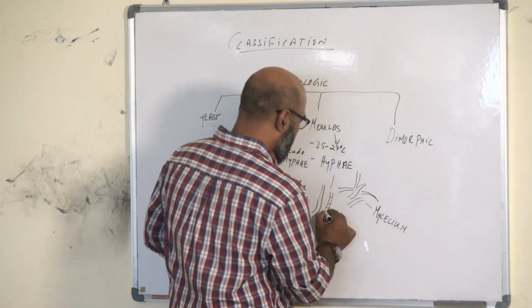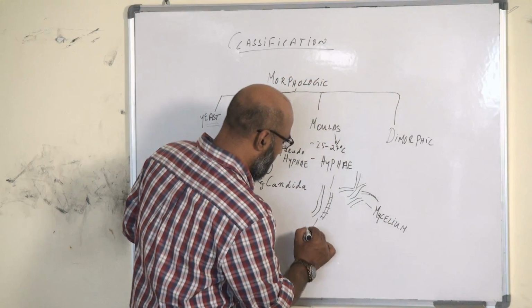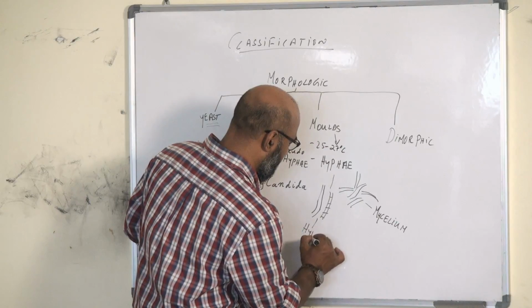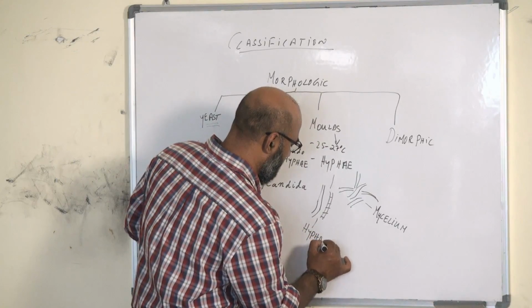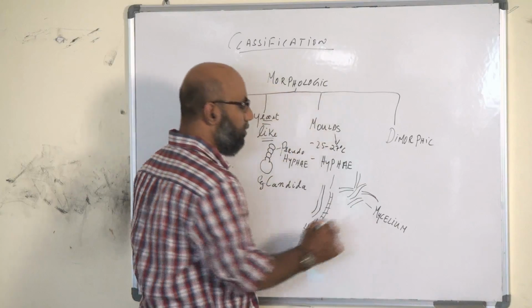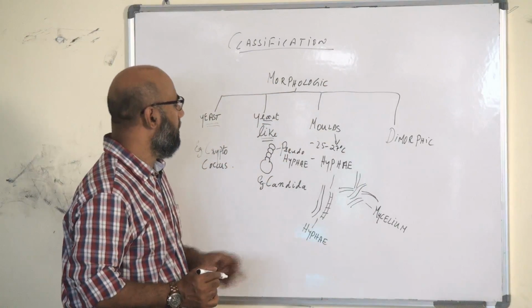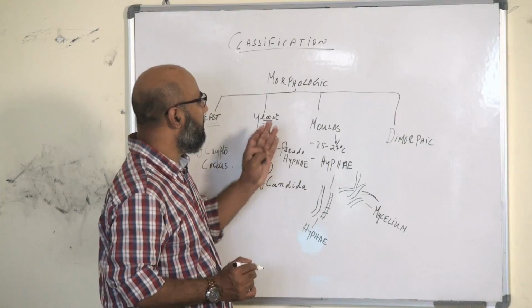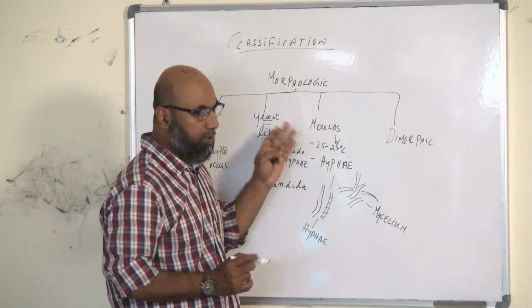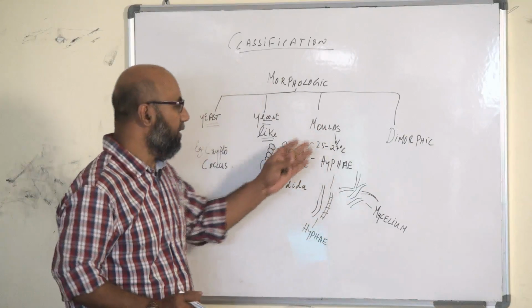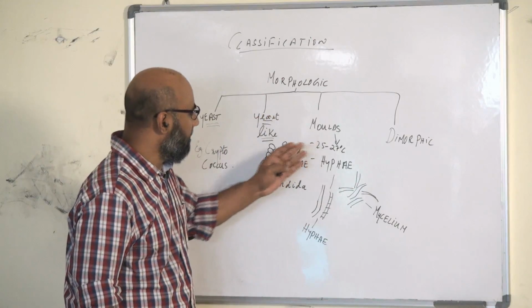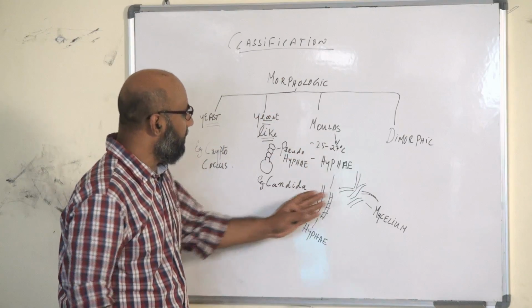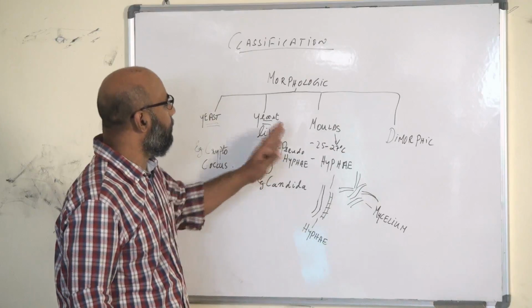So the individual filaments are called hyphae and a cluster is called the mycelium. This is what forms a typical mold. A mold, or a typical multicellular fungus, is made up of hyphae and the collection of hyphae is called the mycelium.